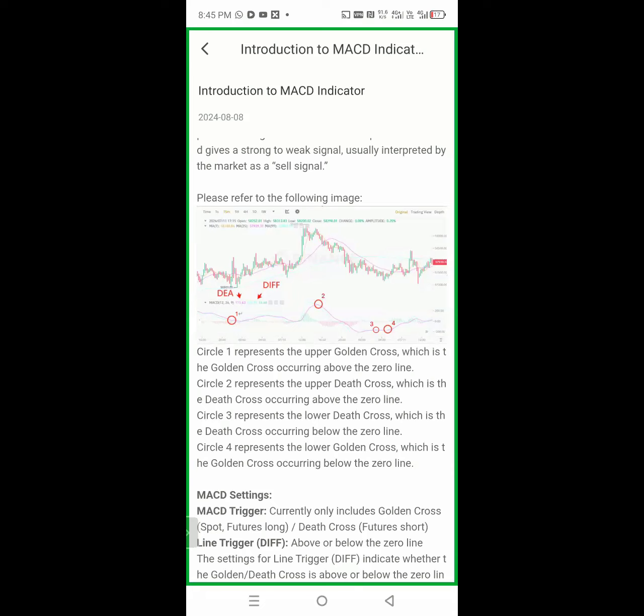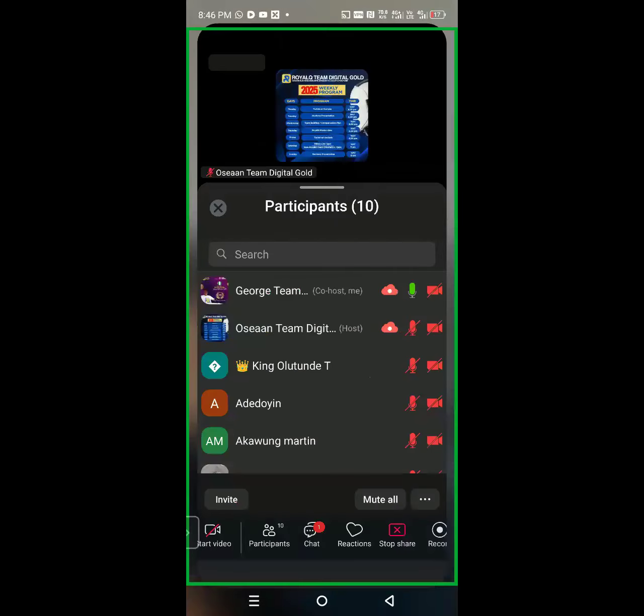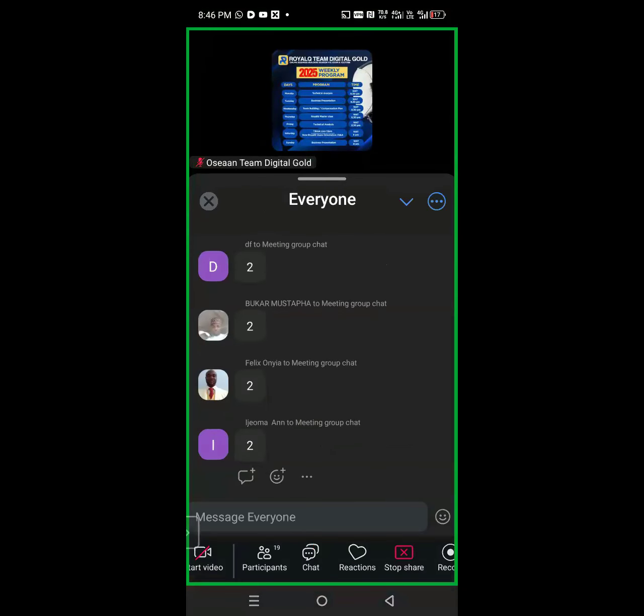When I was explaining golden cross and death cross, I told you where they are supposed to happen. So now we have 4 cycles: cycle 1, cycle 2, cycle 3, cycle 4. 2 golden crosses happen, 2 death crosses happen. If you are following, just give me 2, okay?